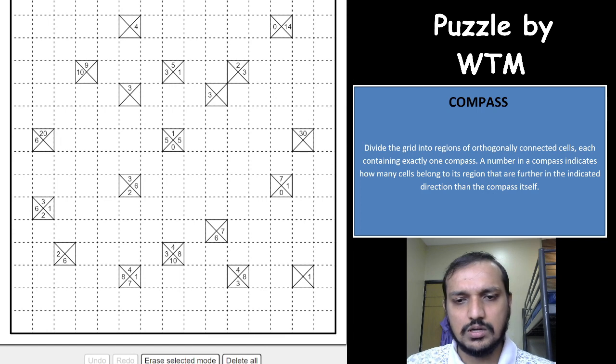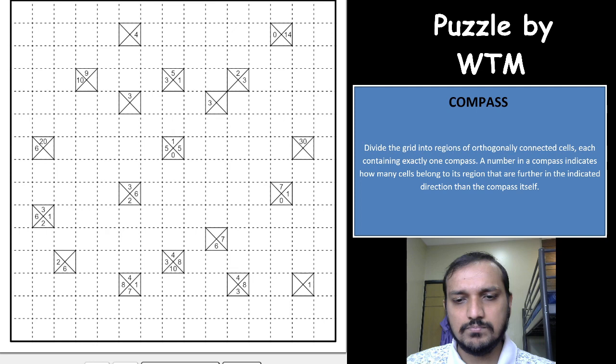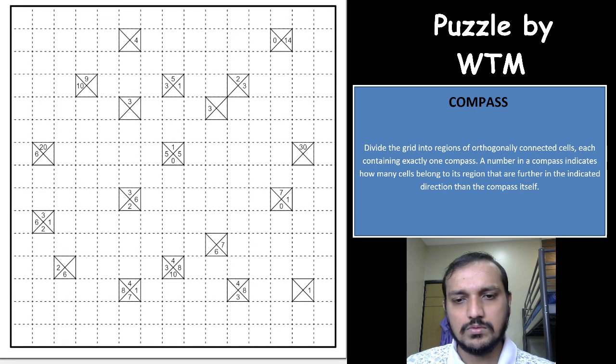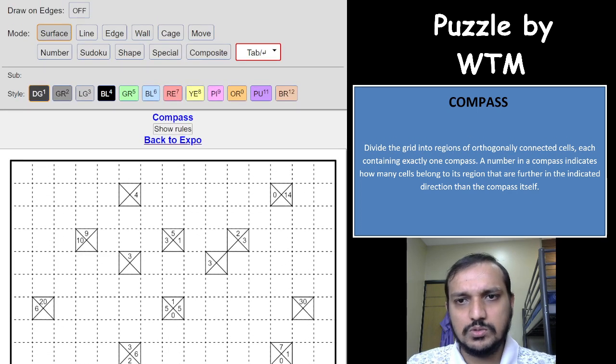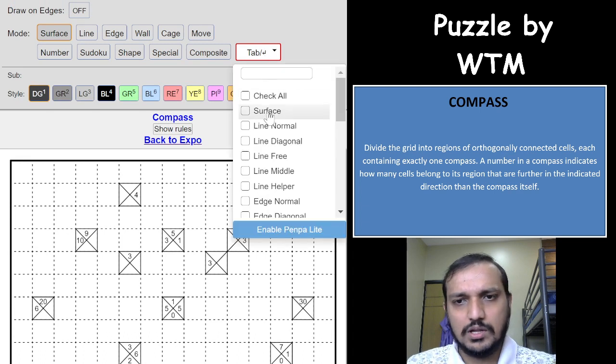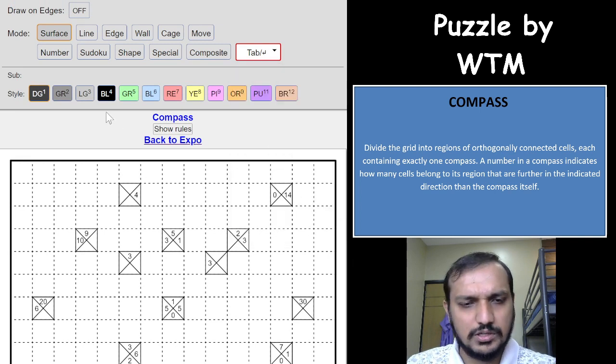Before that, I'll just do one thing: I will take a diagonal line, maybe, and a normal edge. I'm not sure if anything else is required.